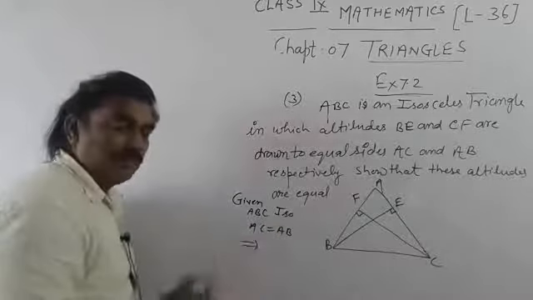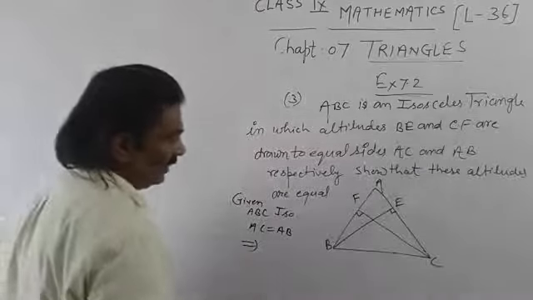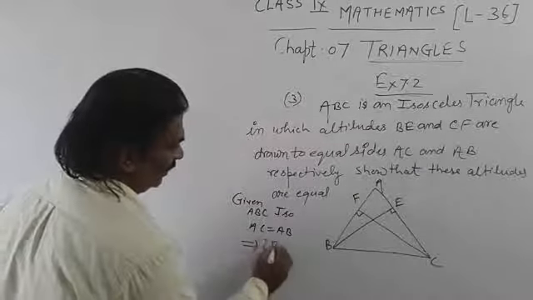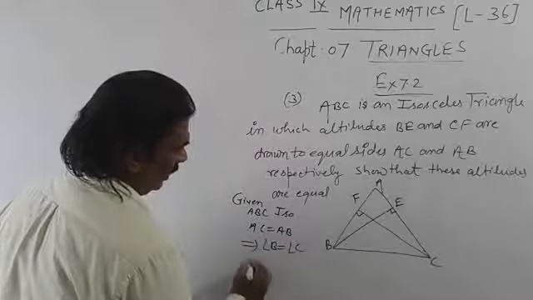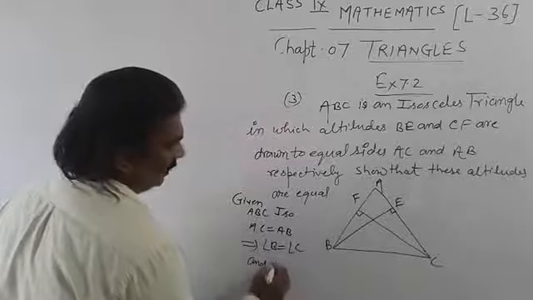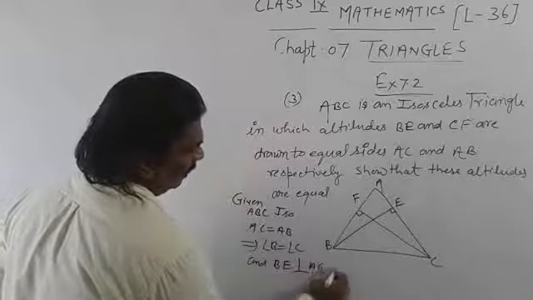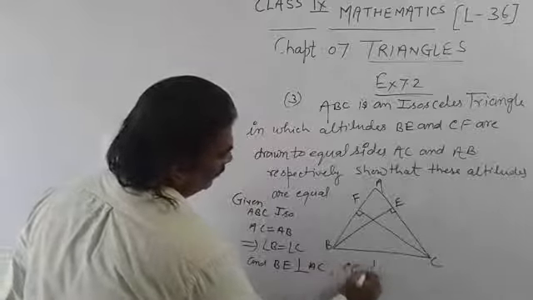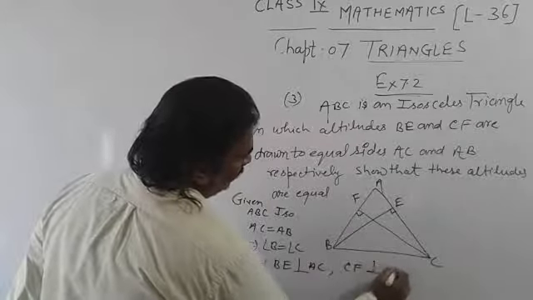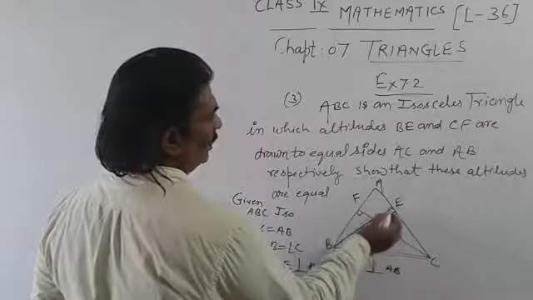It means by property of triangle, if sides are equal, then angles will also be equal, that is angle B is equal to angle C. And here BE is perpendicular on AC and CF is perpendicular on AB. Okay students, so these angles are 90 degrees, both the sides, here and there.